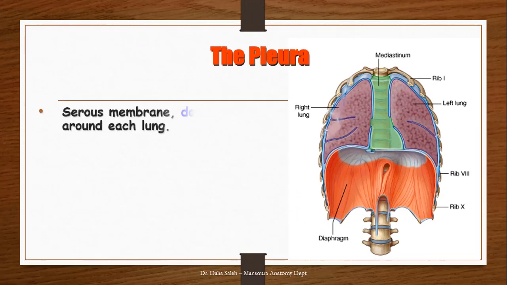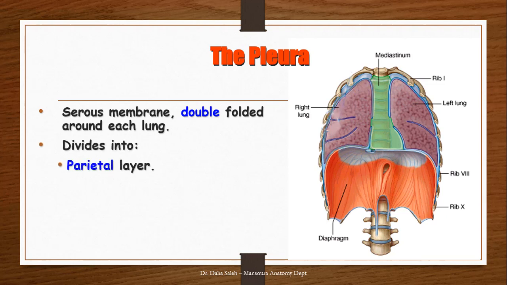So what is pleura? It is a double-folded serous membrane that surrounds each lung. It is divided into parietal pleura, which lines the thoracic cage from inside, also covers the diaphragm and lines the mediastinum, and a visceral pleura which lies close to the surface of the lung and even dips inside the lung fissures.